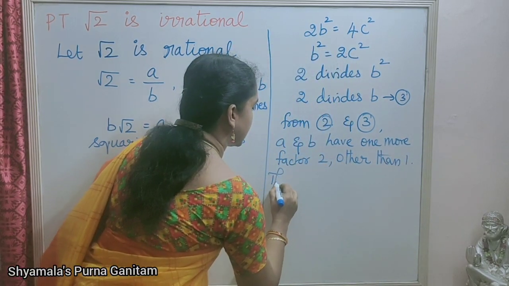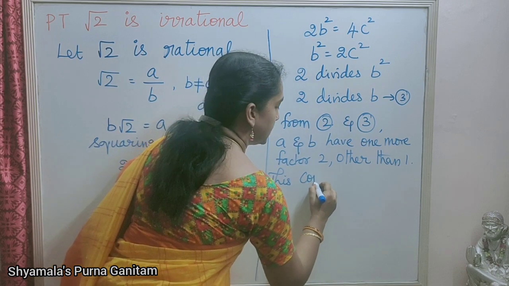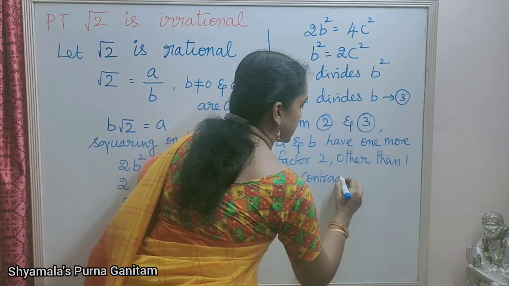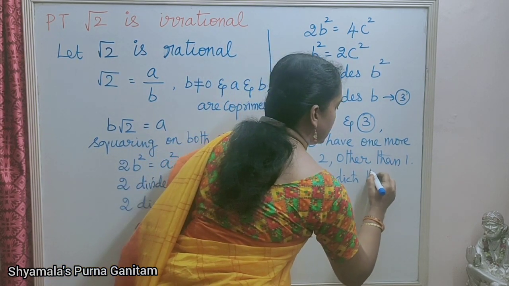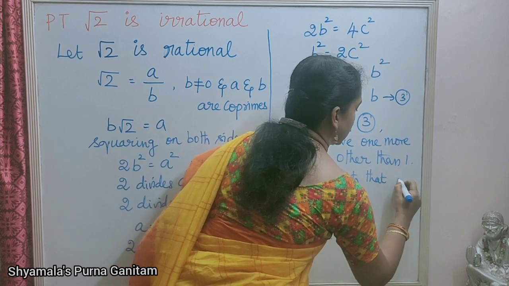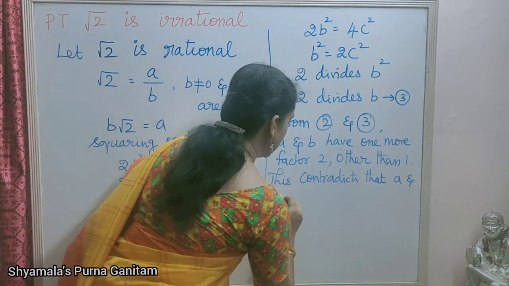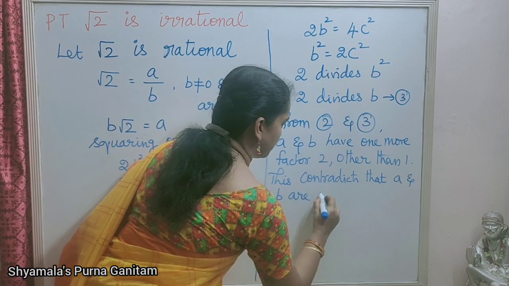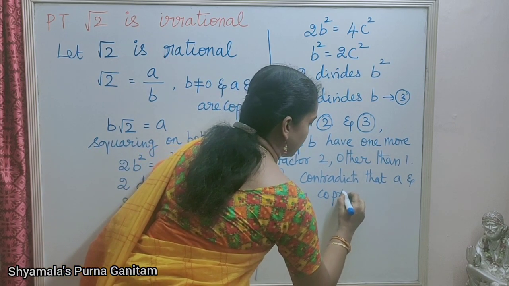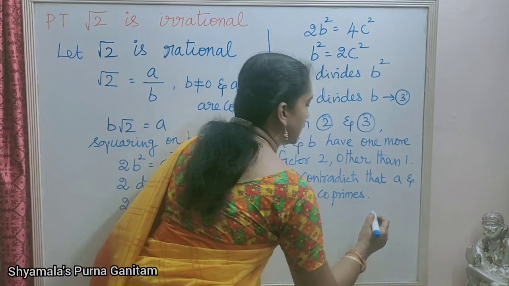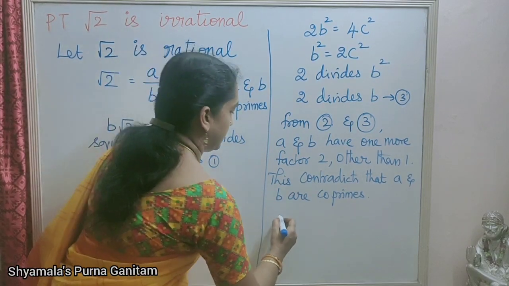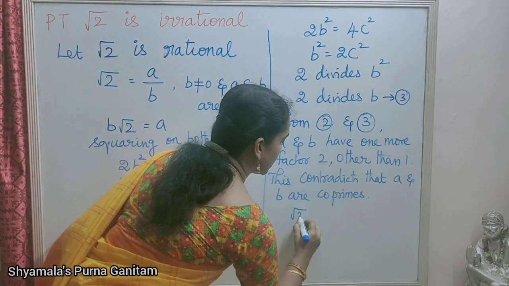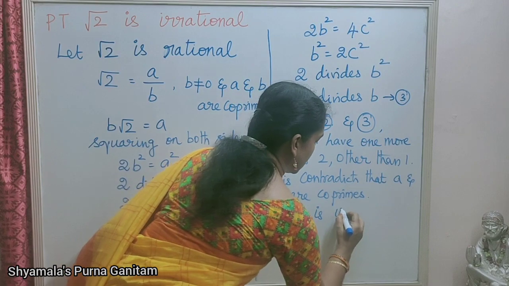So this contradicts the fact that a and b are co-prime numbers. So root 2 is irrational.